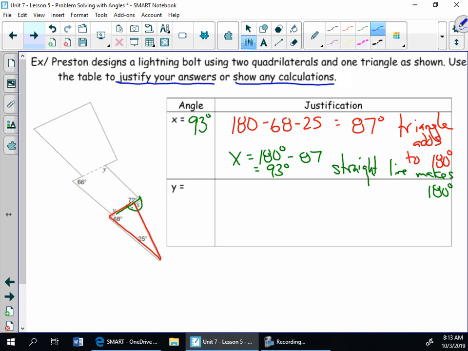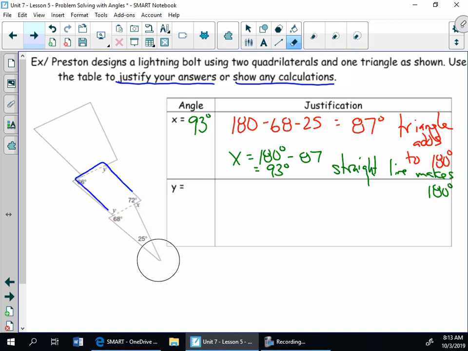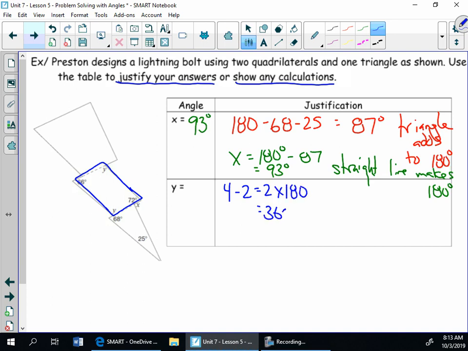Y. Y is part of this multi-sided, four-sided shape. Actually, I'm going to do a little erasing here just so we can see it a little bit easier. There's actually two Y's. Okay, four-sided shapes. What do I know? I know four sides makes 360 degrees. So what can I do?